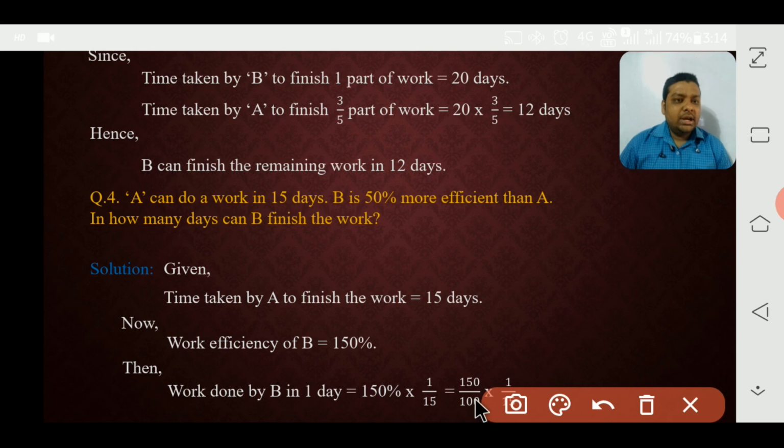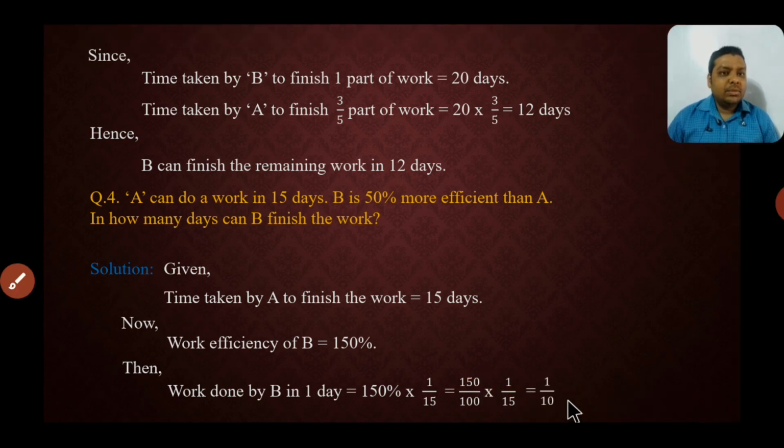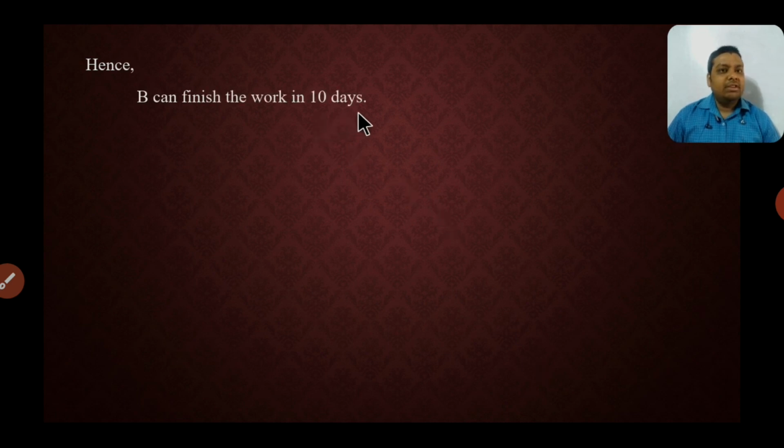Here the 0s cancel, 15 and 15 cancel, then only 1 by 10 is left. Okay. So work done by B in 1 day is equal to 1 by 10. So the opposite of it is what? Time taken by B to finish the work is 10 days. Hence we can say that B can finish the work in 10 days. That will be the answer. I hope that you all have understood, students.